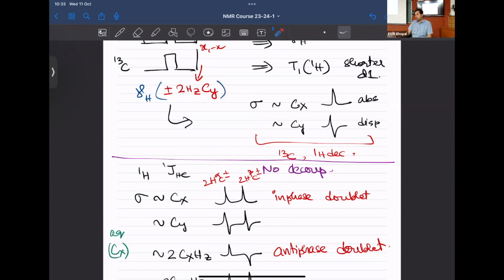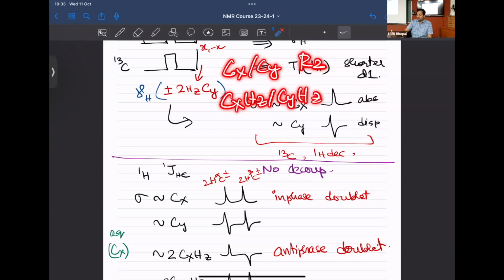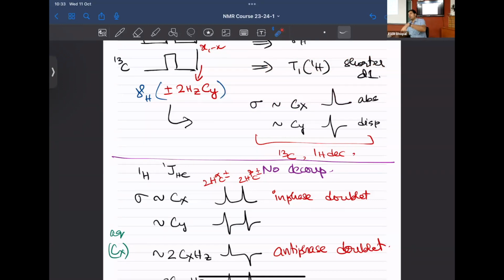This is slightly more complicated. Different terms, CX and CY will have R2, but CX HZ and CY HZ will not have R2 of carbon itself. It will have some component of R1 of proton also. These relaxation times will be slightly different depending upon the operators that you look at. It will not be a direct combination, it will be some other combination of them, right?